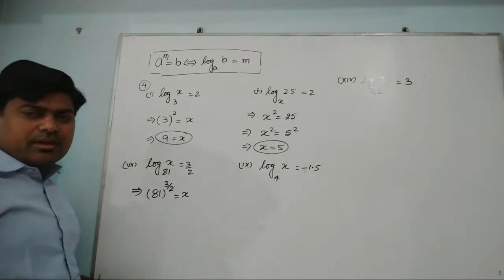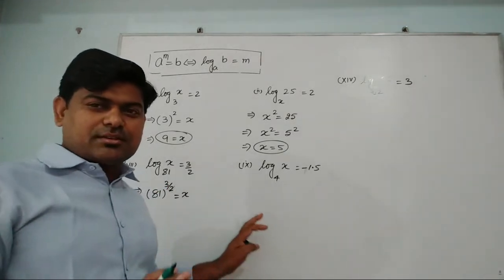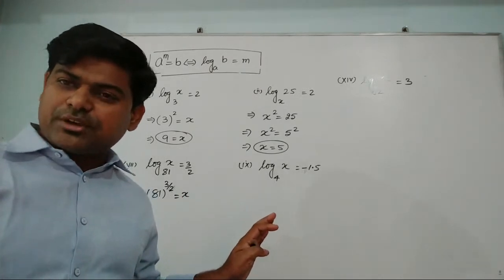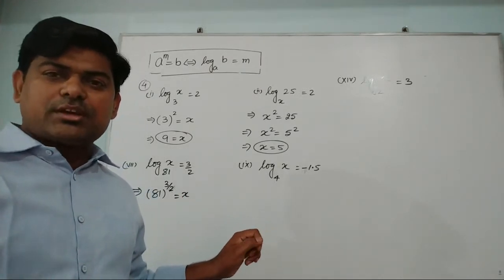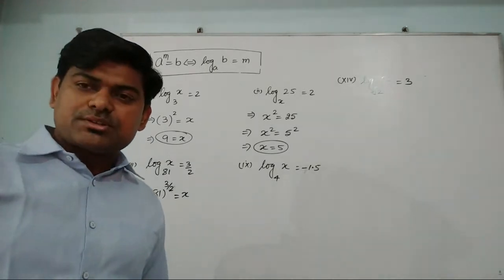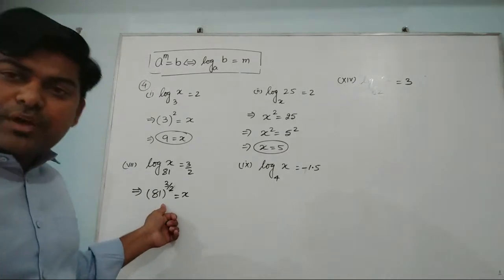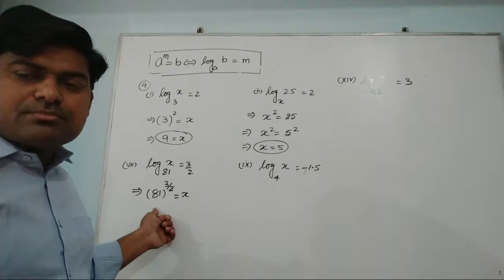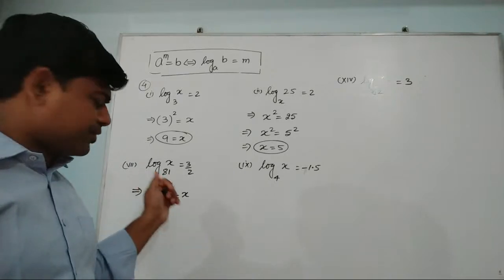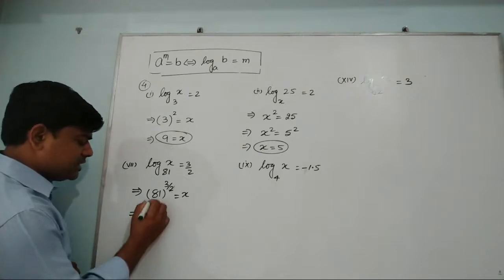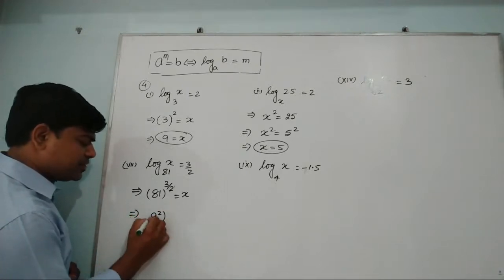Now, x is alone, we are not having any power of x or any coefficient of x. Directly we are having one x and the value of this one has been given. It means with the help of indices, we have to simplify the left hand side to find the value of x. What should I write? You can see 81 can be written as 9 square.